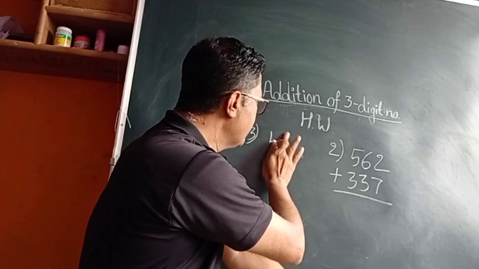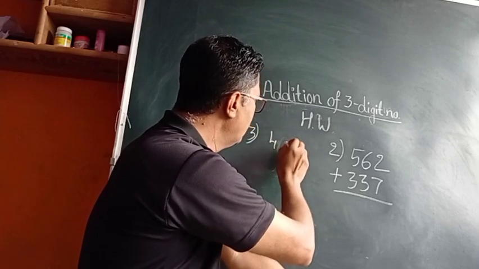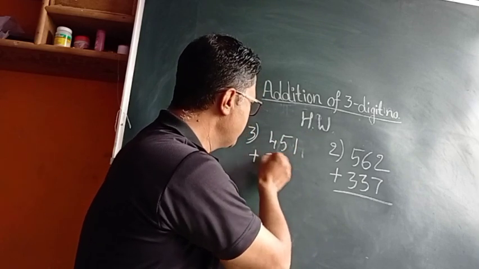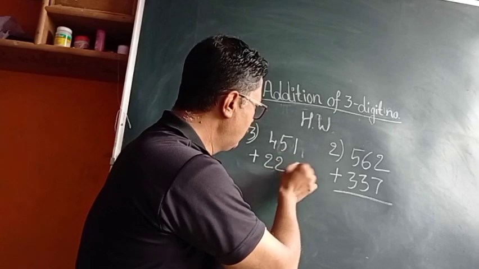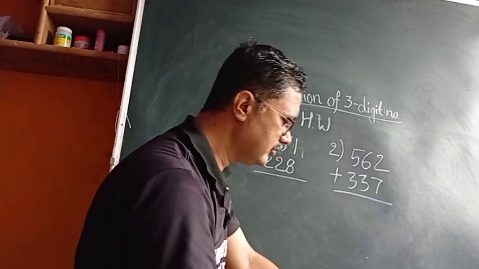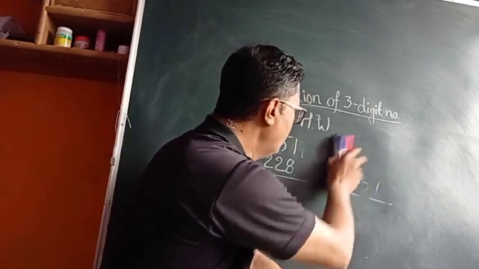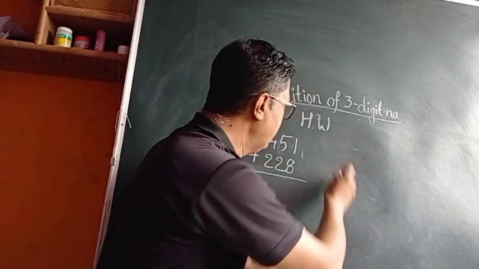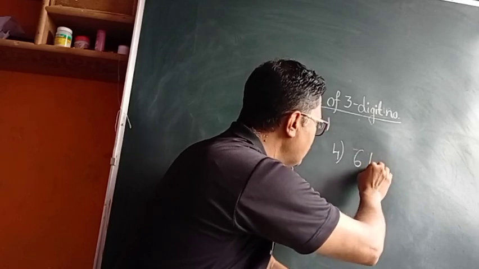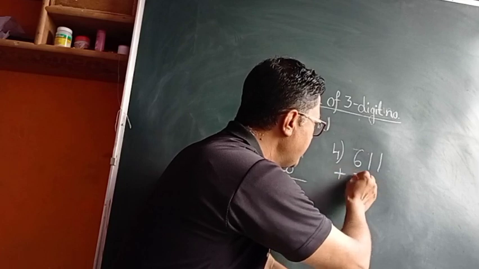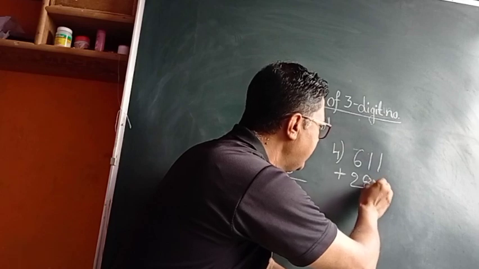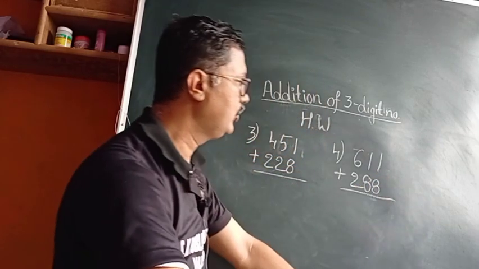Third one: 451 plus 228. Fourth one: 611 plus 288.